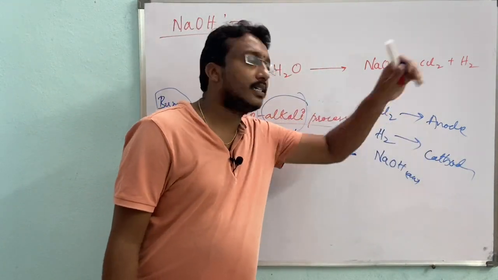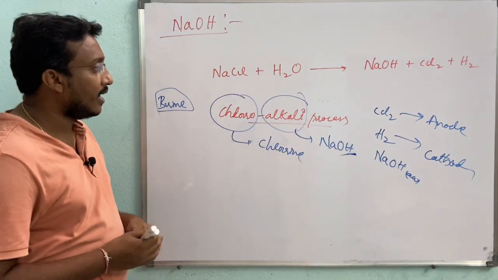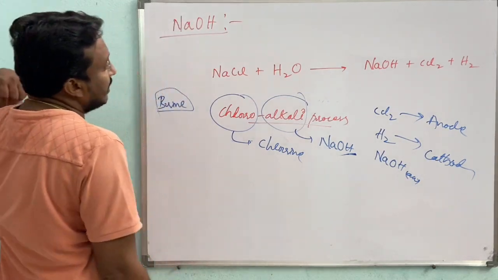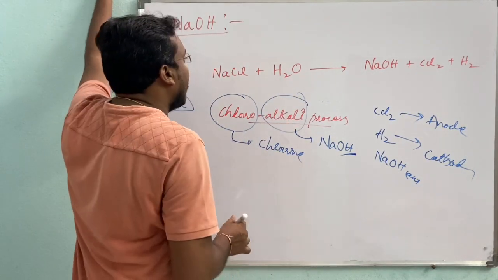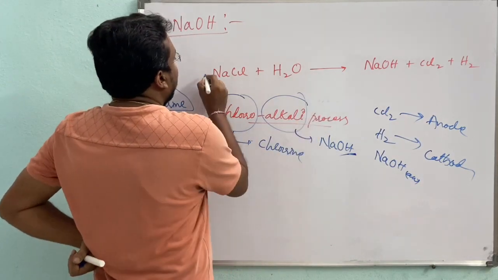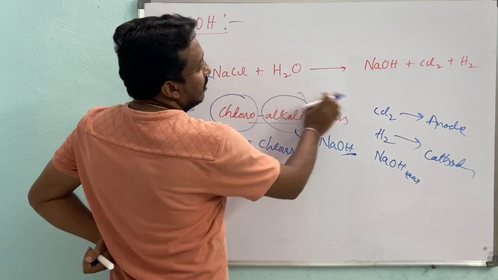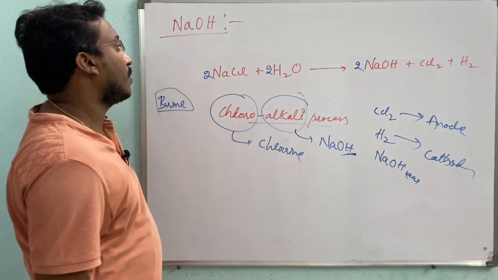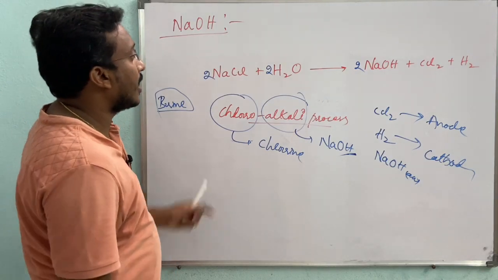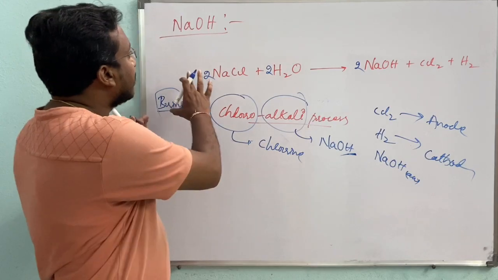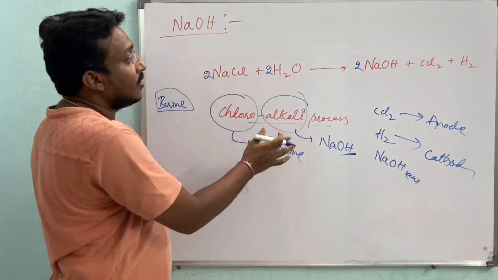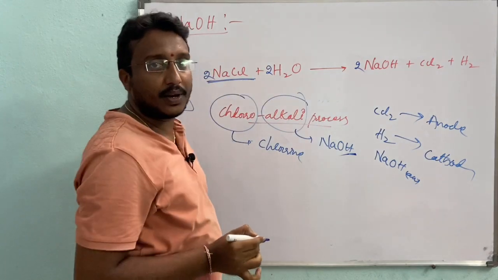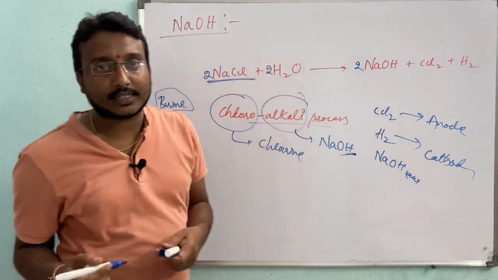Chlorine gas is collected at the anode. Then we have to write the balanced equation, right? Chlorine, so 2 and 2, got it? NaOH and so on. Okay, this is a process to collect the NaOH. Your main raw material is sodium chloride only. Then next, bleaching powder.